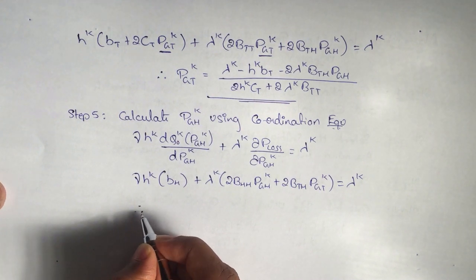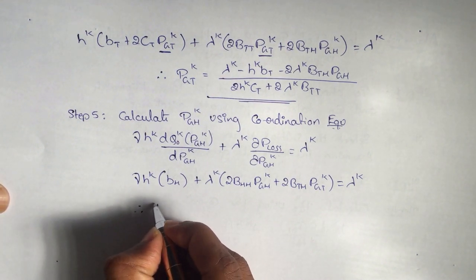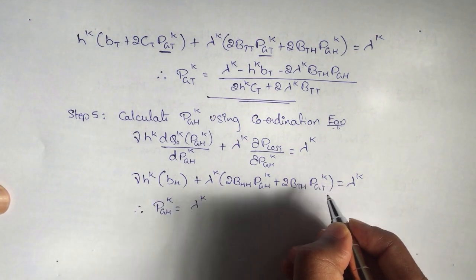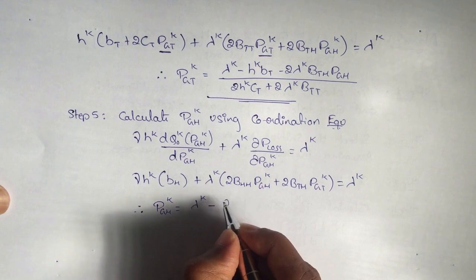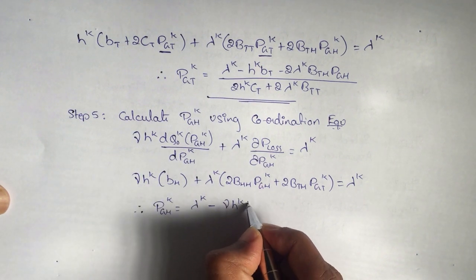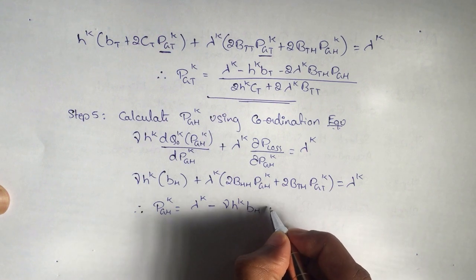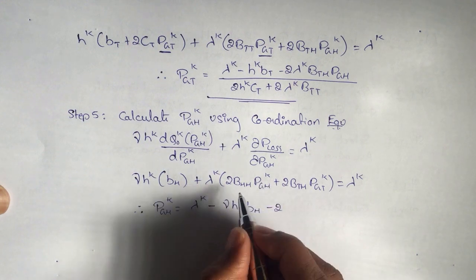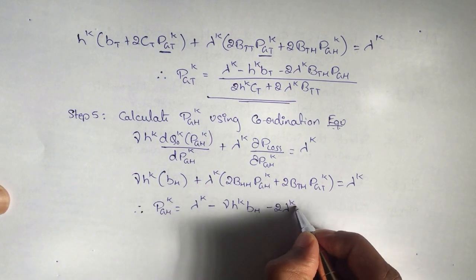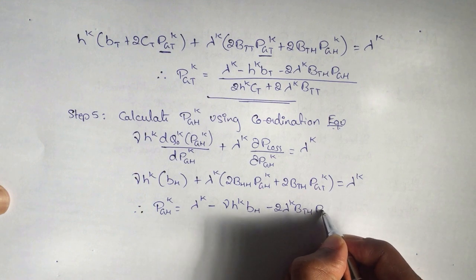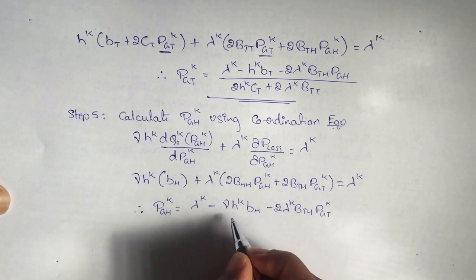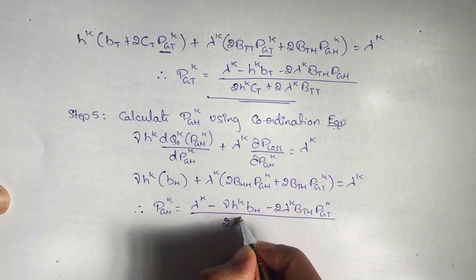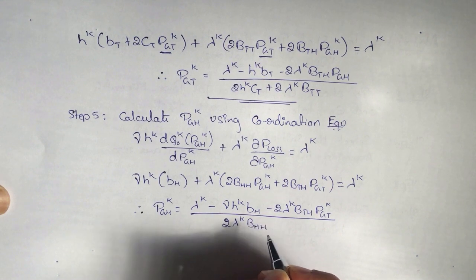Therefore PGHK is equal to lambda k minus gamma HK BH minus 2 times lambda k BTH PGTK, whole divided by the coefficient of PGHK, which is 2 times lambda k BHH.